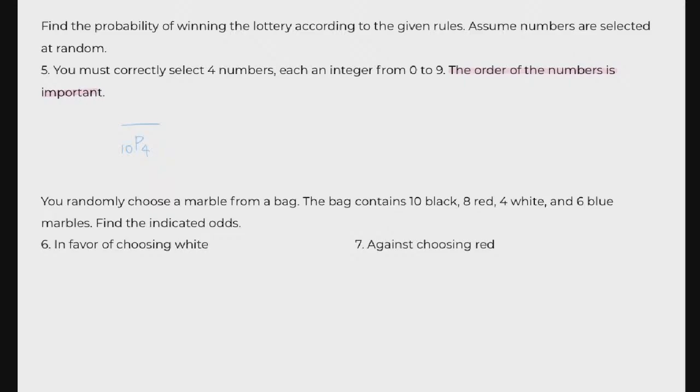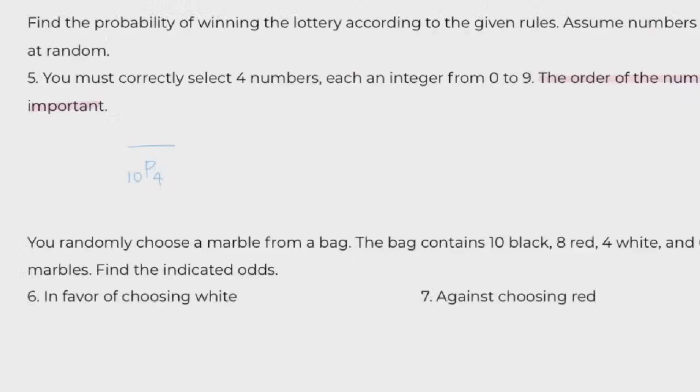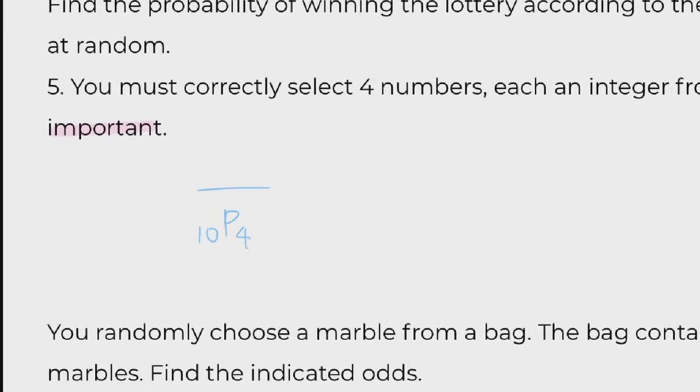So for our denominator, that's going to be 10P4, which shows us the total number of ways you can pick 4 numbers from 0 to 9, and the only way to win the lottery is to get it correct. So you have to pick all 4 numbers correctly and in the right order. And there's only one way to win.